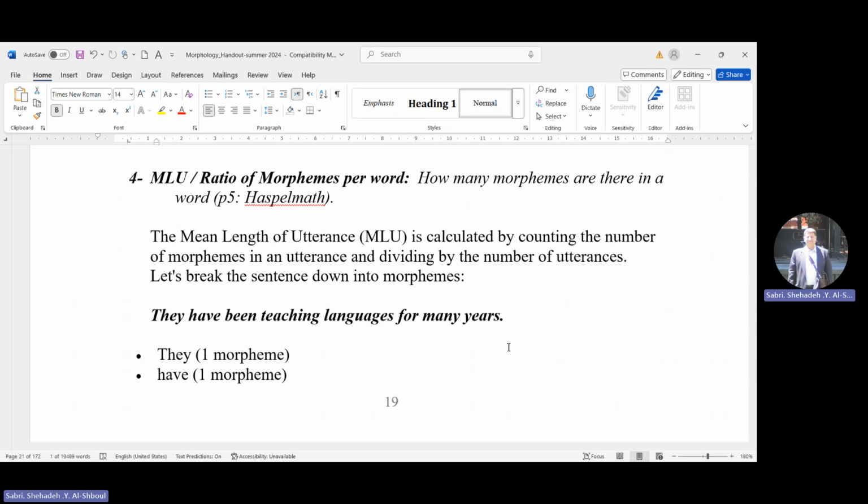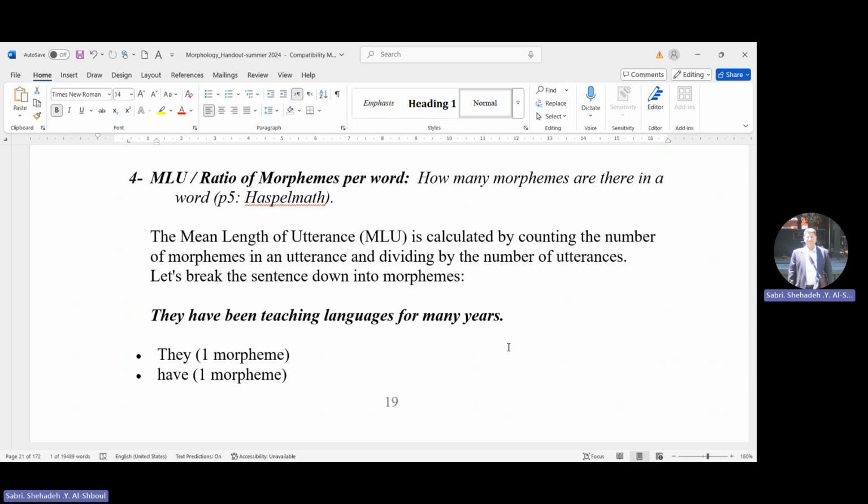Last time, in the previous class, we talked about the MLU, and we said that MLU stands for the ratio of morphemes per word, or the mean length of morphemes per utterance. How many morphemes are there in a word?